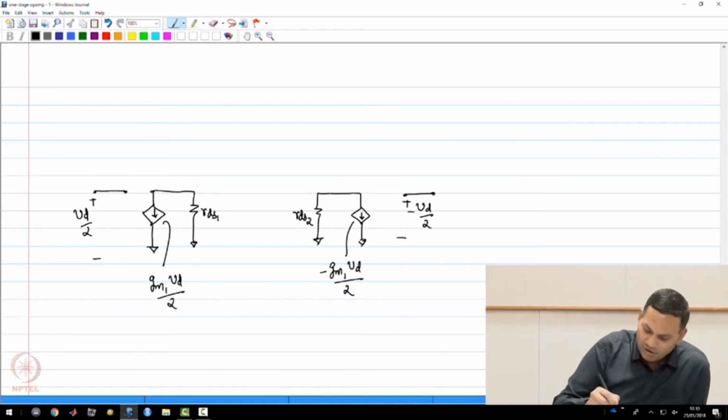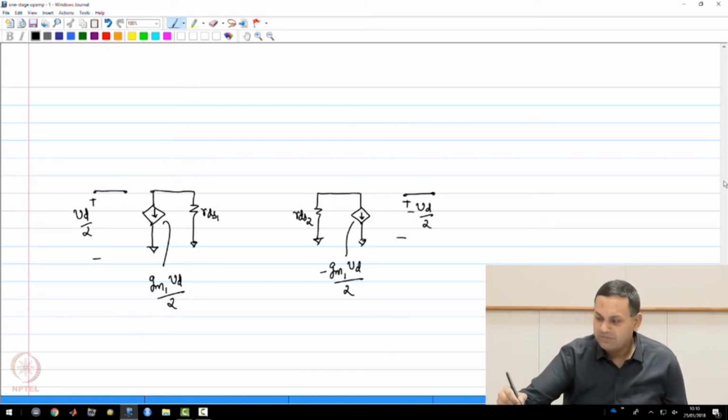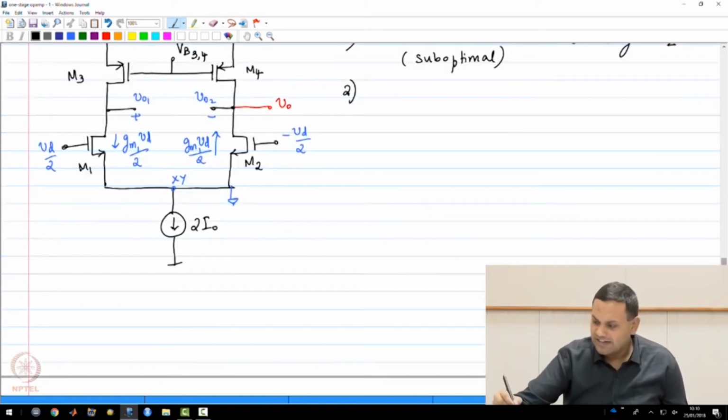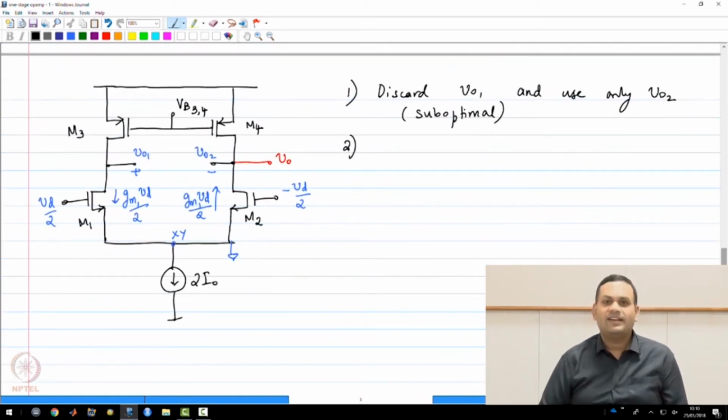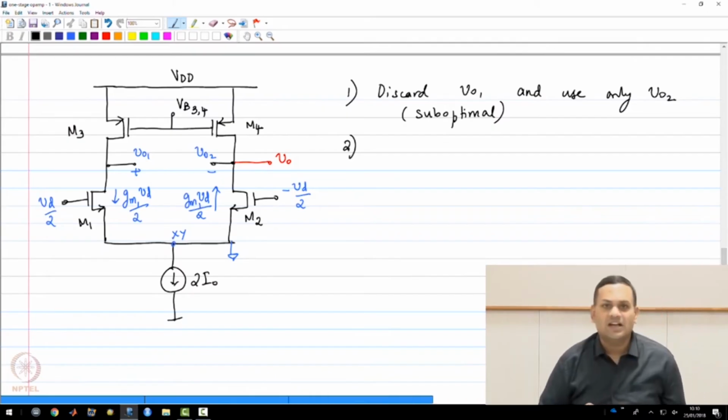So the drain of M1 is now connected to M3, and as we know, M3 only has a bias voltage at its gate. So this PMOS transistor will not have a GM component. Its gate and source are connected to small signal ground.